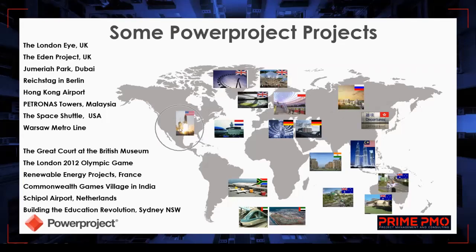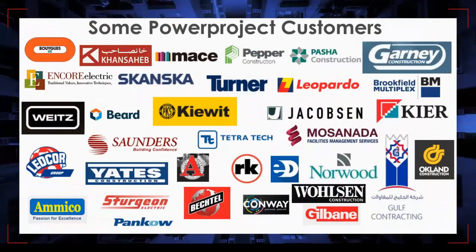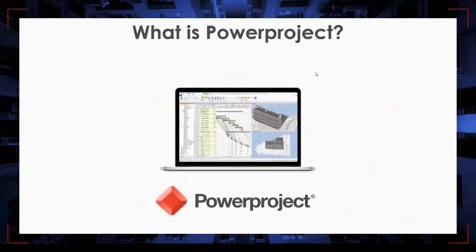It can be a space shuttle, an airport, infrastructure, or high towers. Powerproject has no limitations. Here you can also see some of the customers that have chosen Powerproject. Of course, these are not all of the customers, but worldwide known consulting and contractor companies are using Powerproject.